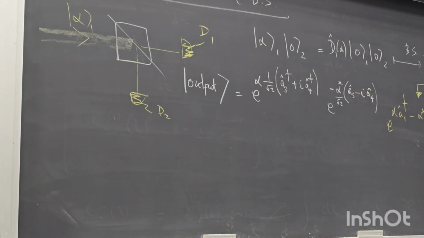Right. So this acts on ket 0_3, ket 0_4. This is my output state.